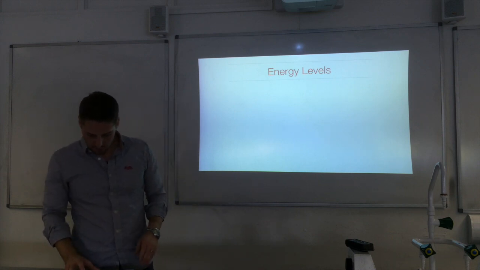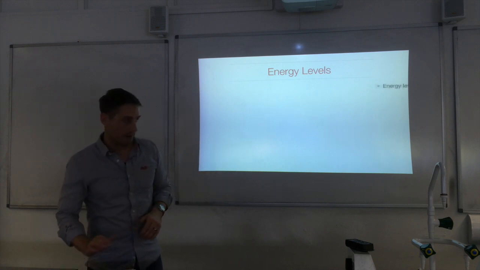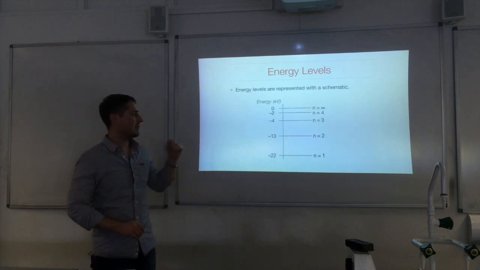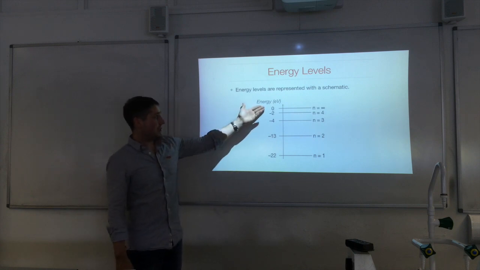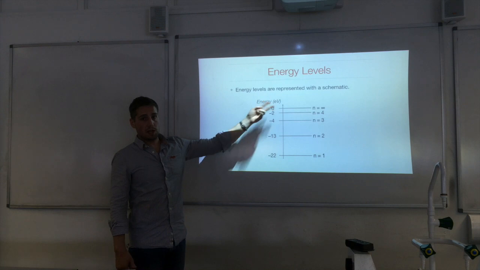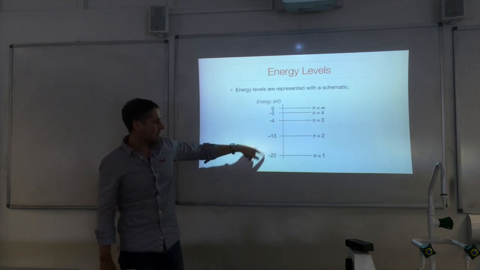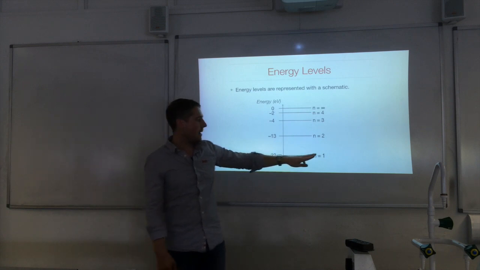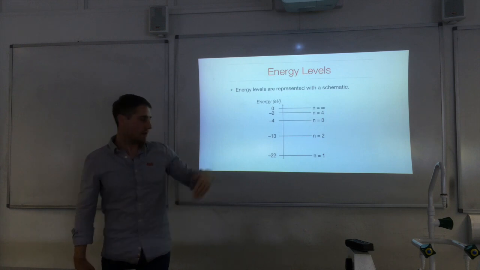These energy levels within the atom are represented with schematic diagrams. So here's an example schematic. Energies here are measured in electronvolts, that's more practical. So we've got 0, -2, -4, -13, -22. n equals 1, so that's the first energy level, then 2, 3, 4, 5, and so on.